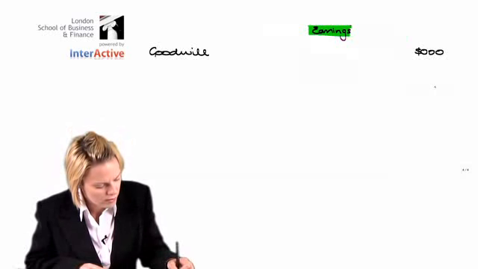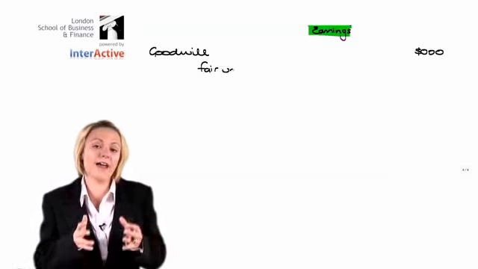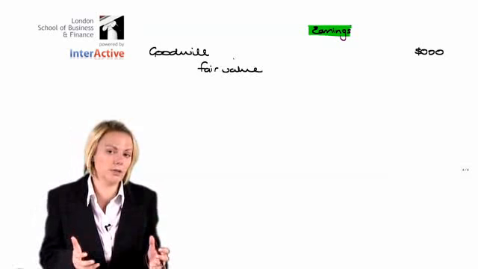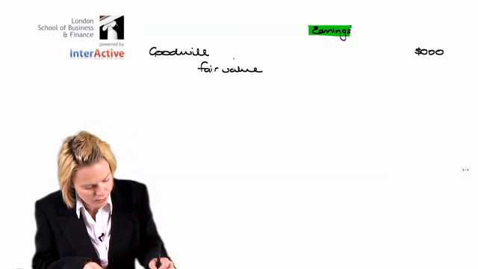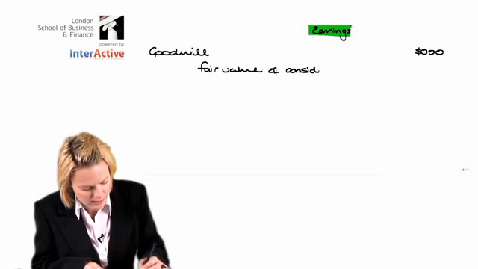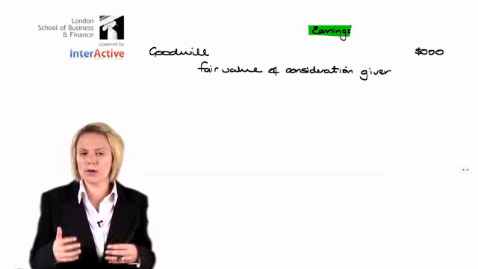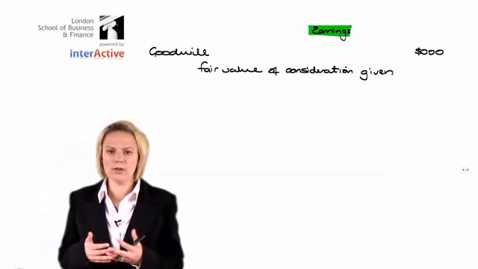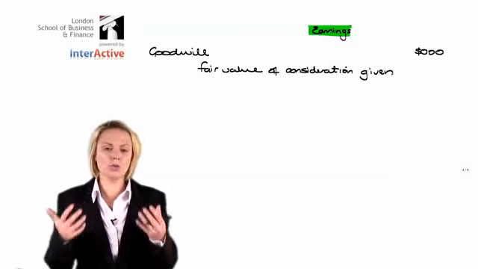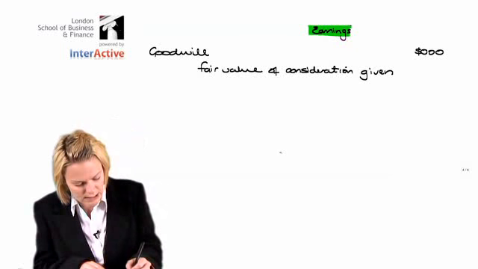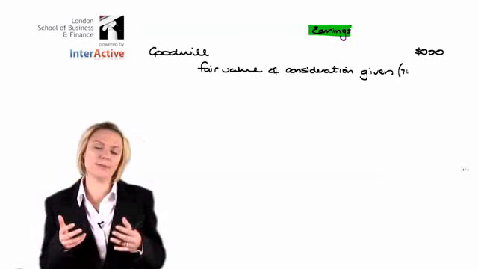We start off with the fair value. So remember, fair value is today's market value of consideration given. So what is the fair value of the price we paid to acquire 75% of the subsidiary?